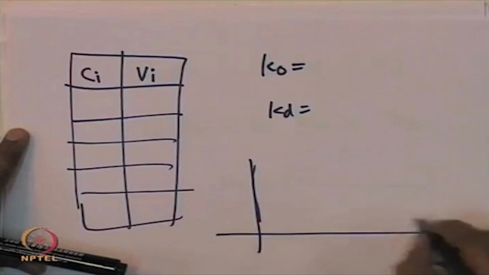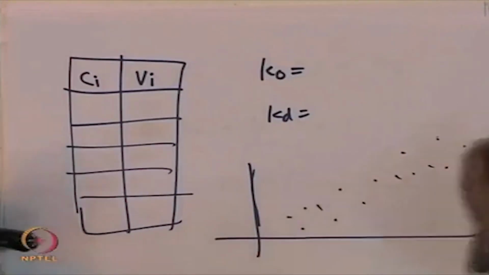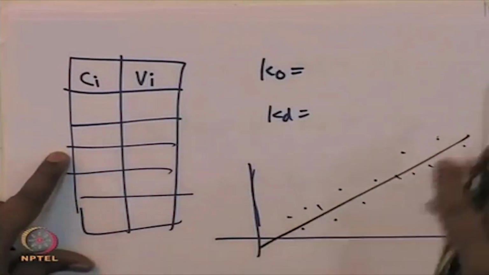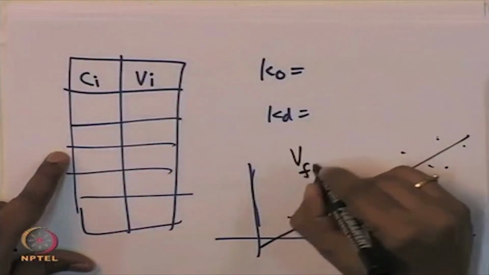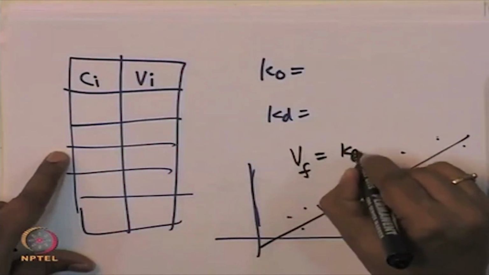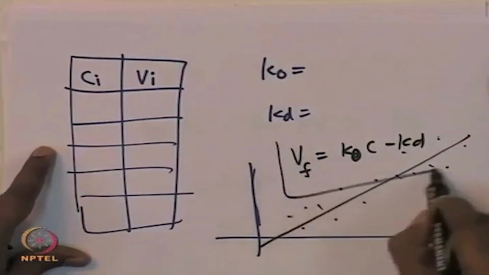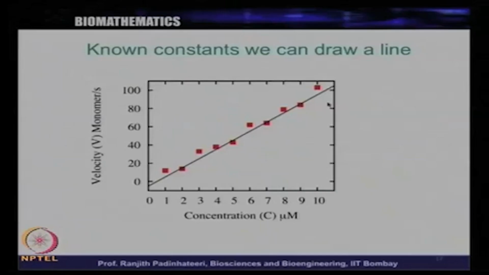And if you know this experimental data, we can plot the curve that fits best as V fit is equal to K0 C minus Kd. You can find a straight line which will fit the best way.